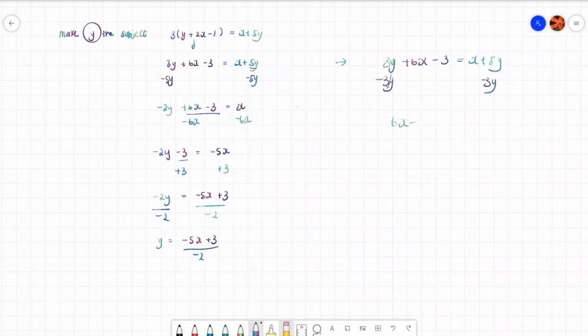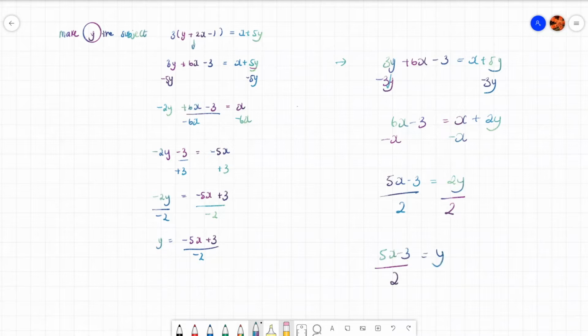I'm left with 6x minus 3 equals x plus 2y. And then you need to get rid of the x by subtracting x. That would be 5x minus 3 equals 2y. And then obviously I just divide by 2. And 5x minus 3 divided by 2 is y.